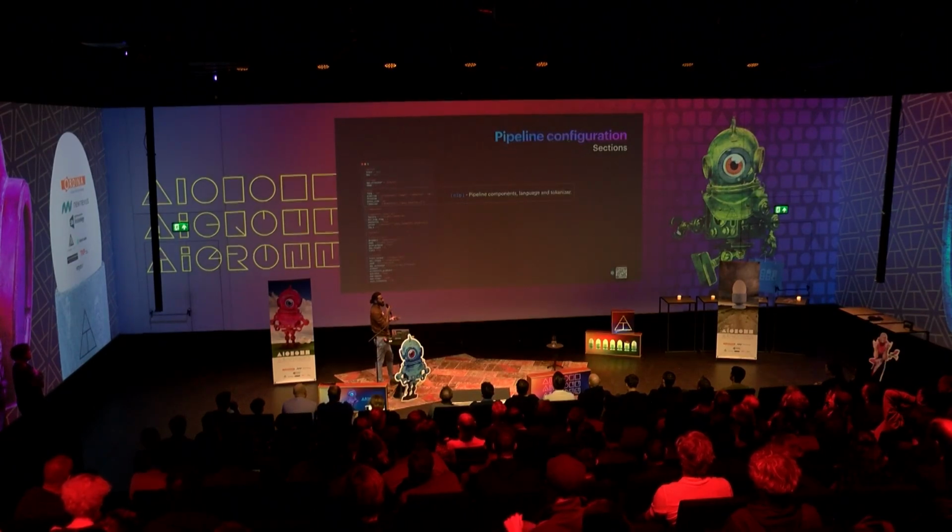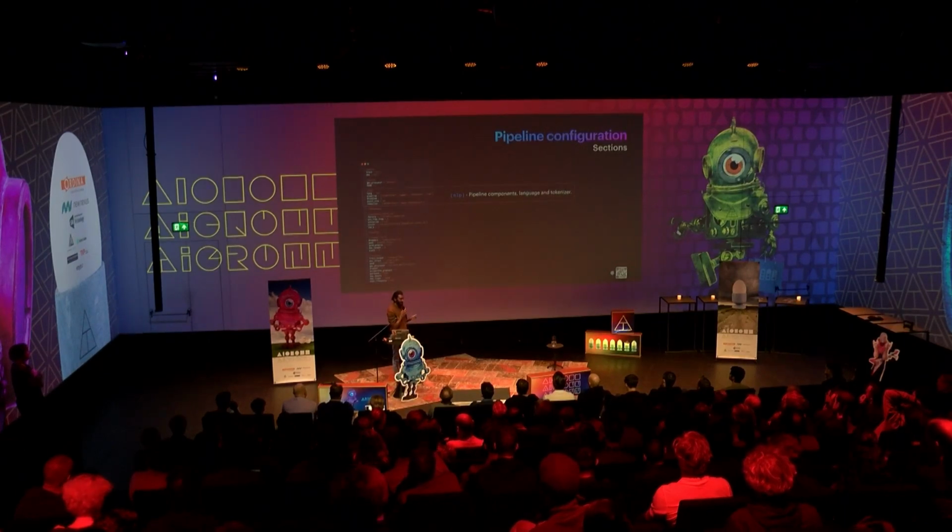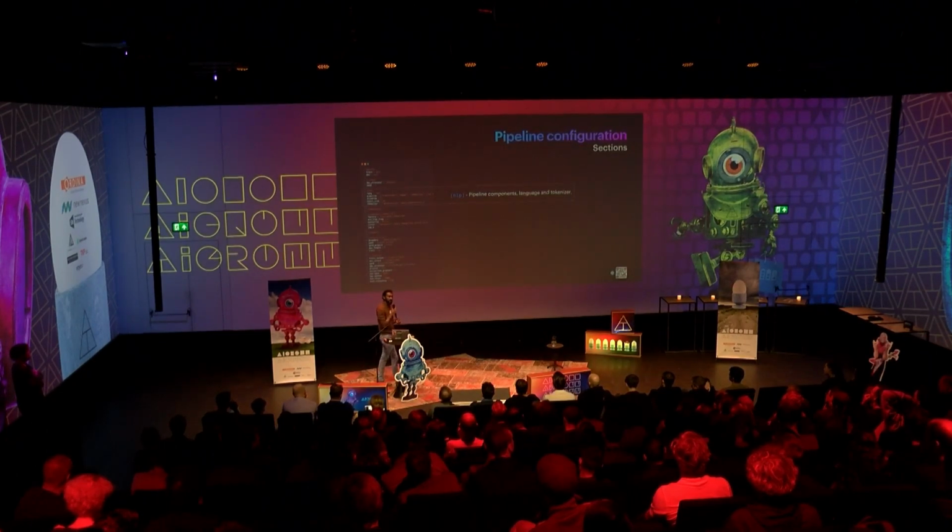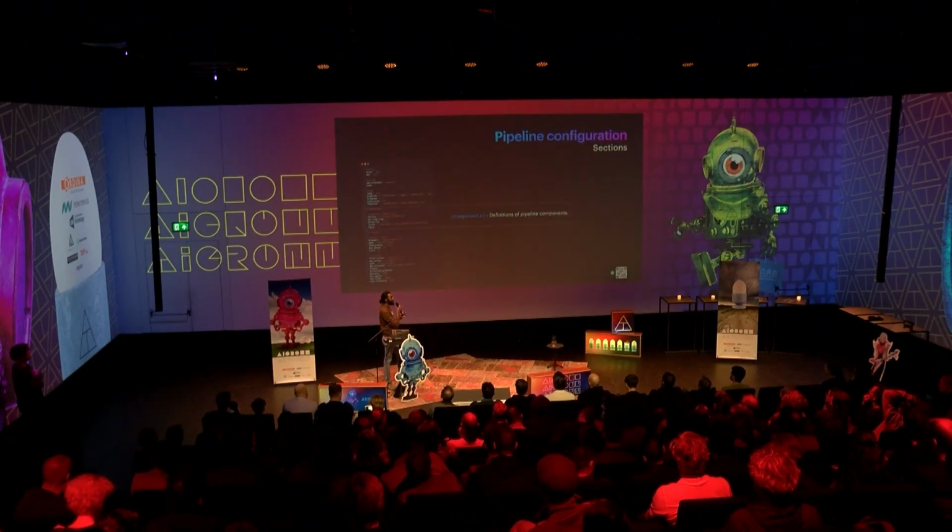So the NLP section is very important because it defines three main parameters of the pipeline, namely the language code associated with it, a list of trainable components, the ones that we plan on training with this pipeline, and the tokenizer that we need to use. This is what Daniel also spoke of earlier. For each of these trainable components, we also need to describe the different hyperparameters and settings, and that is exactly what you enter in the components section.